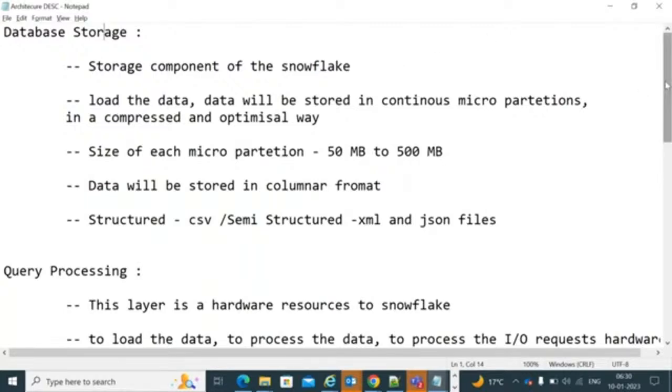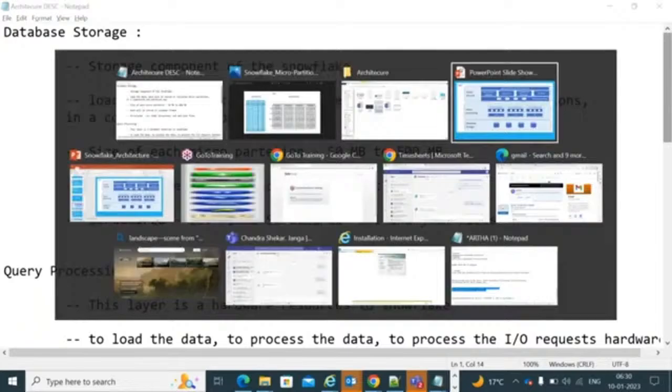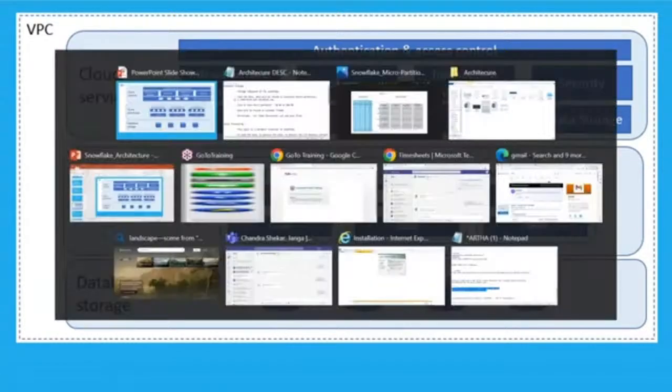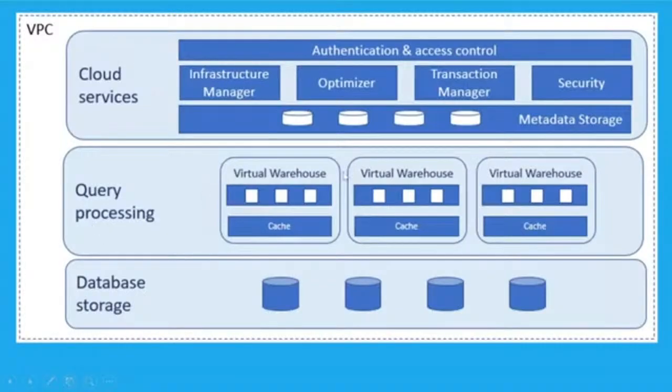Super. Now next. We are done with the database storage layer discussion, and then we'll go to the query processing layer. Just as the database storage layer is important in your Snowflake, this query processing layer is also very important.